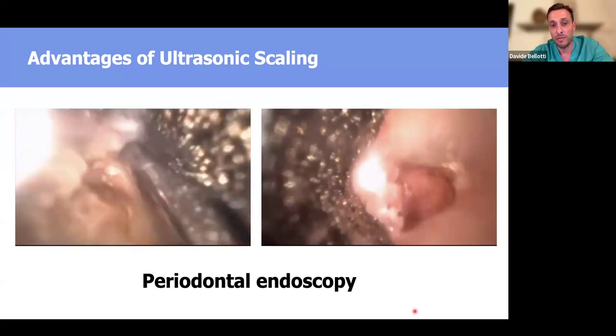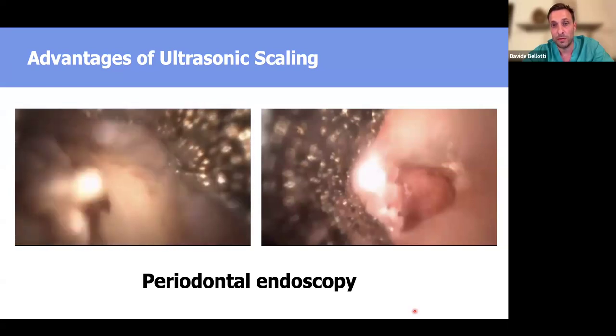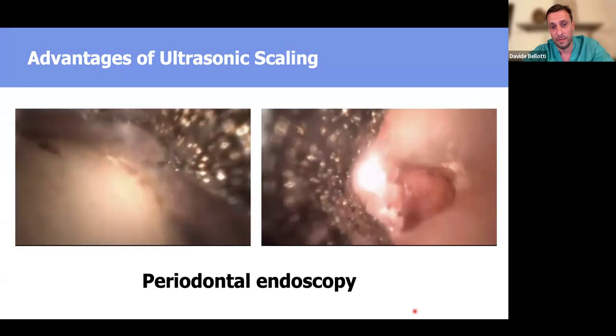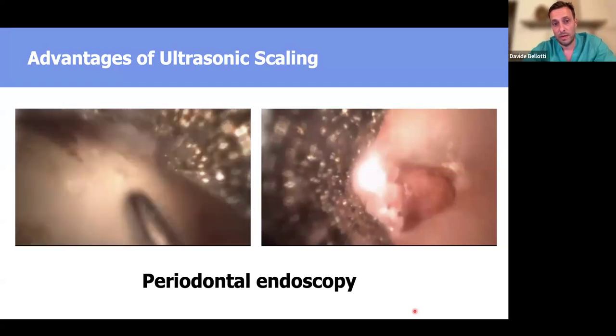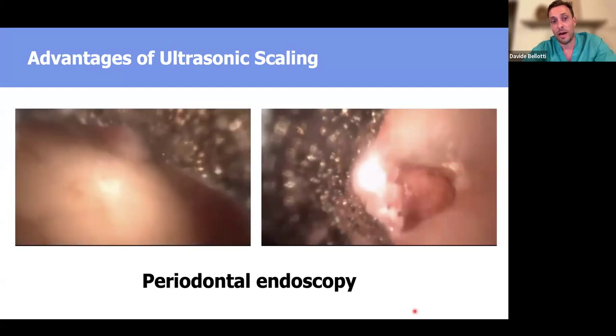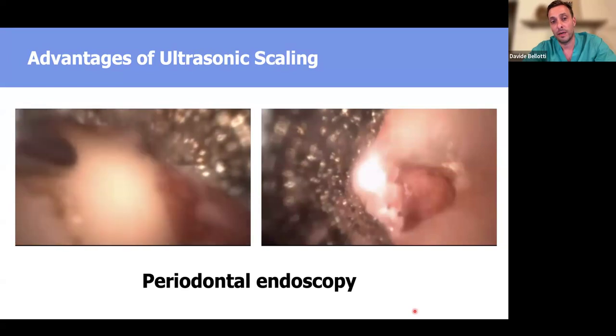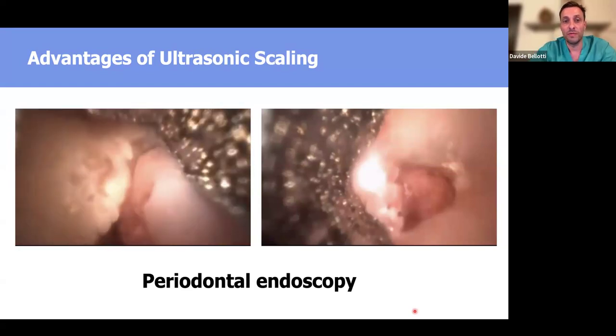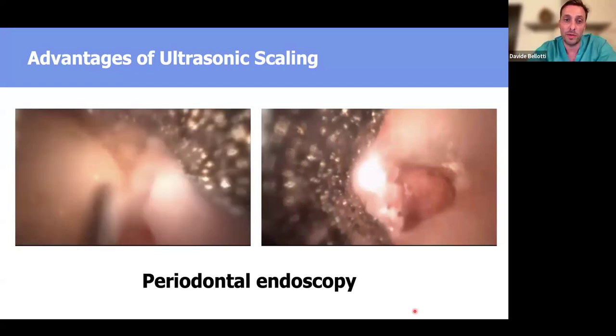What we see that moves is the tip of an ultrasound scaler. With many strokes from different angles, the goal is to get everything clean and smooth. Removing granulation tissue is also very important.